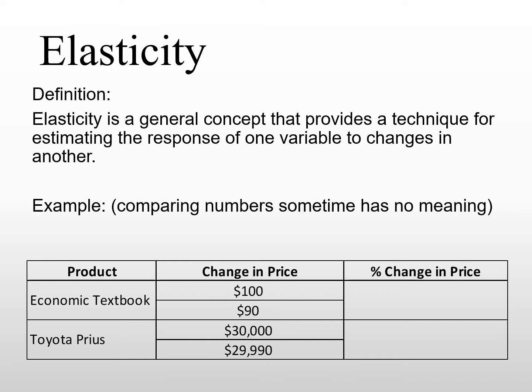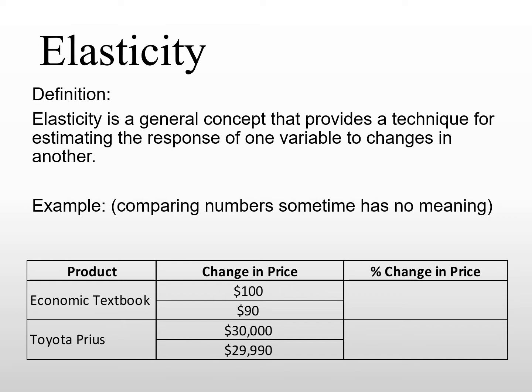Let me give you an example here. Let's say we have the products listed in the table: an economics textbook and a Toyota Prius. The two products change in price by the same amount, which is $10. The economics textbook changed from $100 to $90.